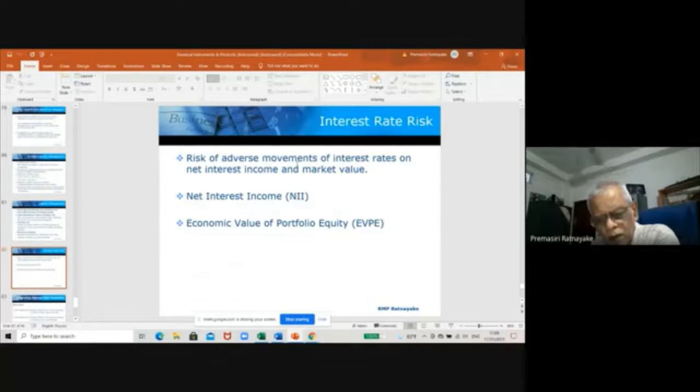At the same time, when the interest rates are rising, the bankers and finance companies will be rushing to adjust the interest rates on loans and advances, but they would be very reluctant to raise the interest rates on deposits and the liabilities.